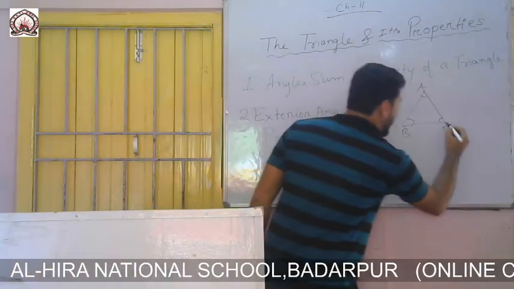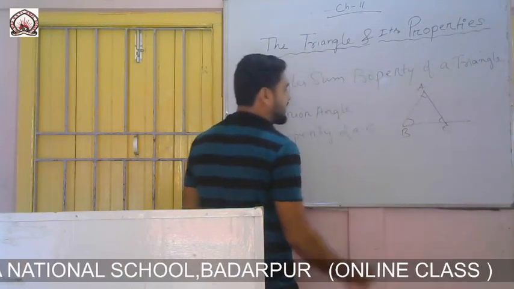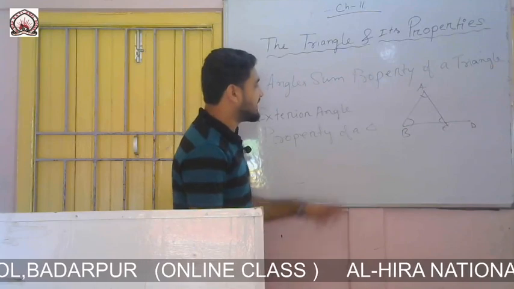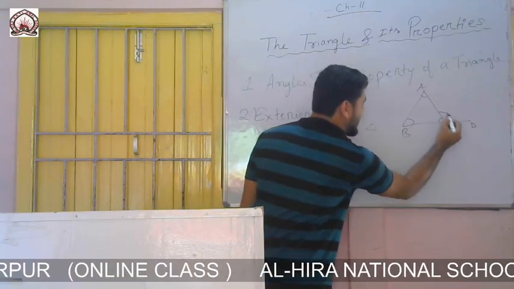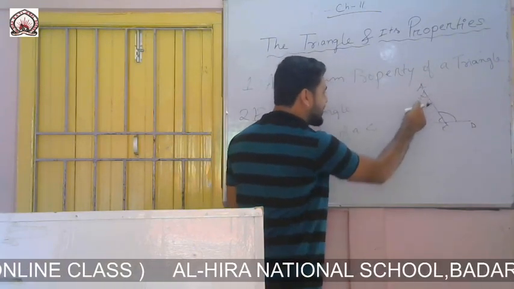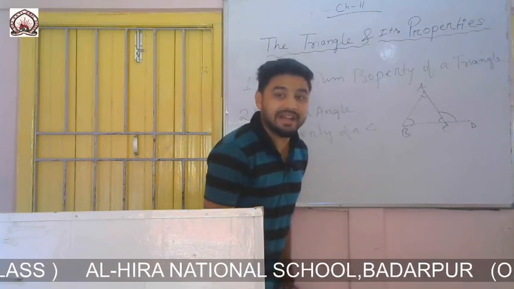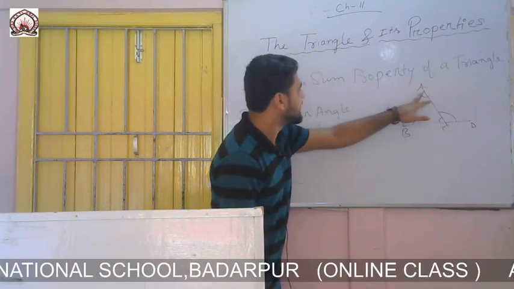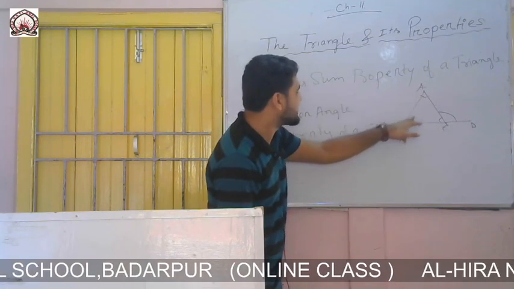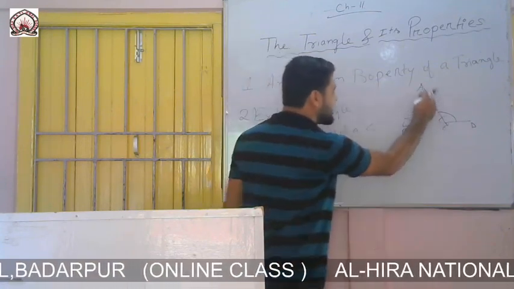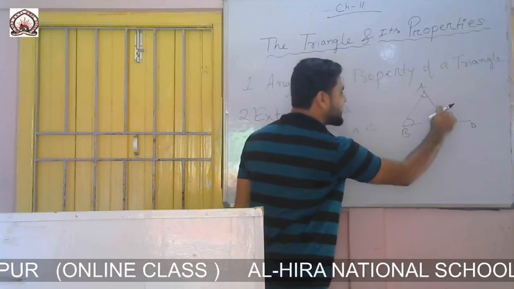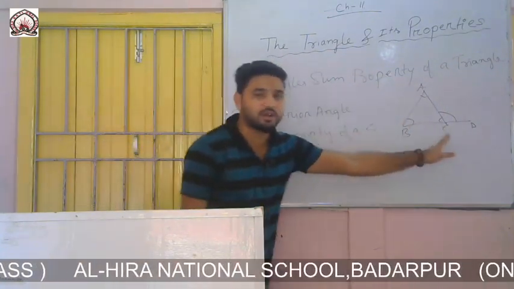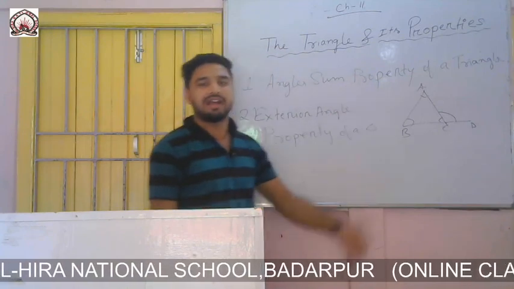Suppose if I extend this line here, then let's give a point D, then this is the exterior angle, and this angle and this angle are the interior angles, because you can see the symbol, the angles are given inside, and that angle ACD is outside the triangle, so it is called exterior angle and these are called interior angles.